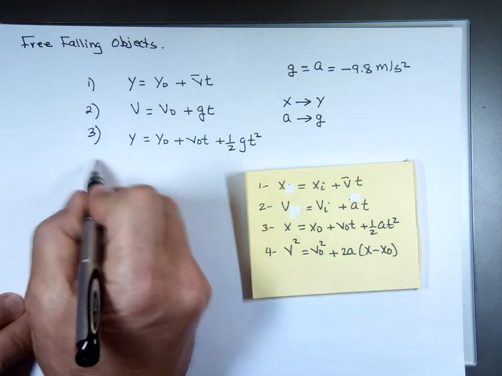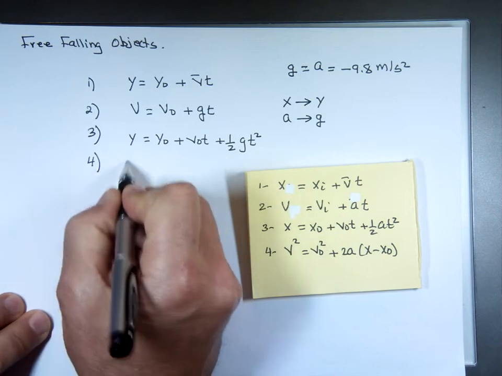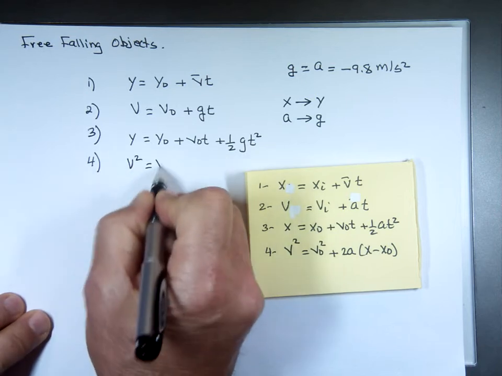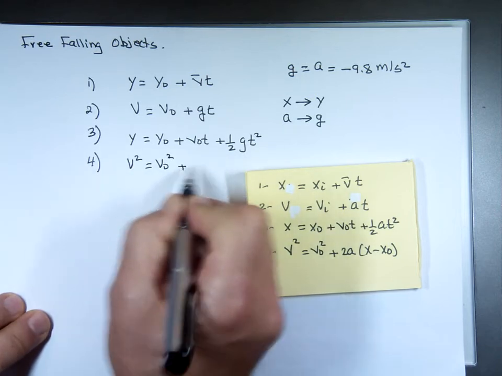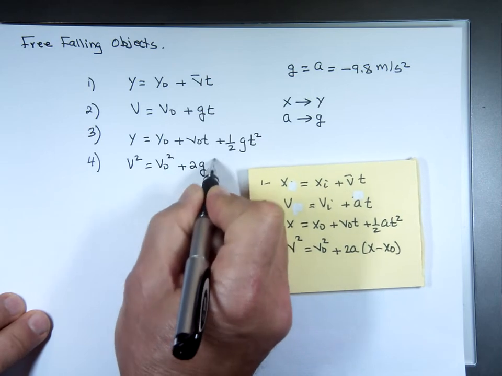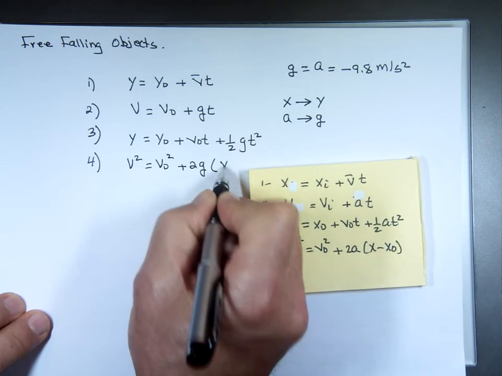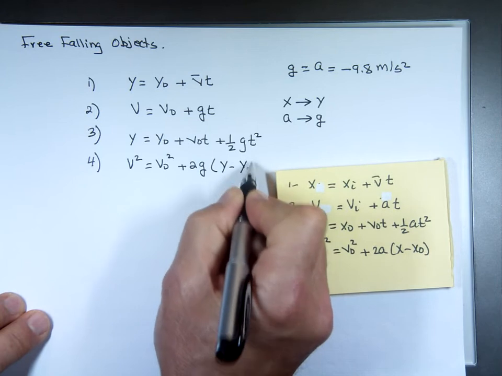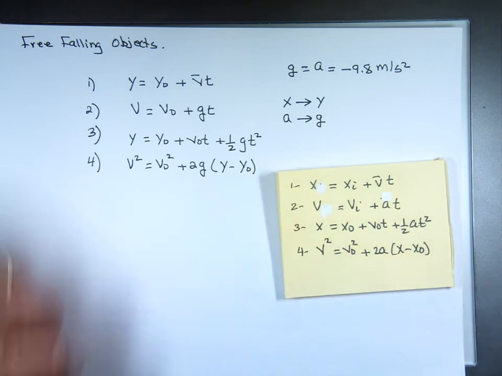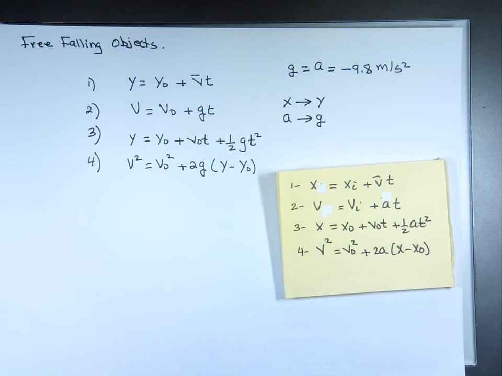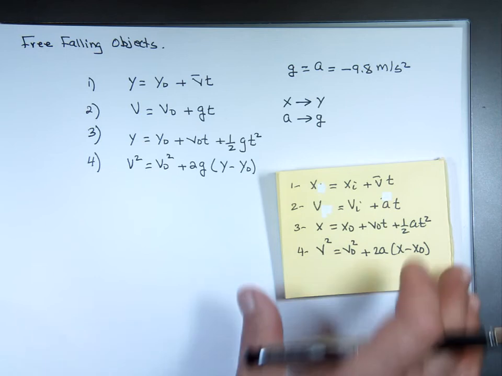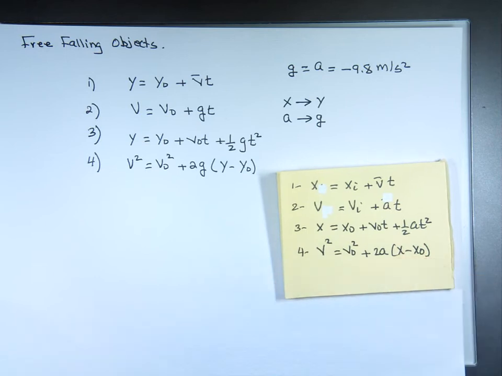And the last equation, v squared equals v0 squared plus 2g times the change in y. So these are my 4 equations, the same 4 equations we used before. We're just changing x to y, and a to g.